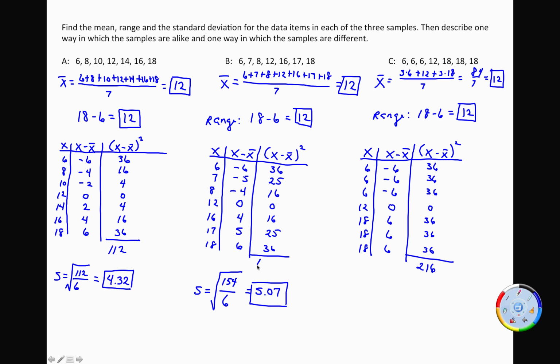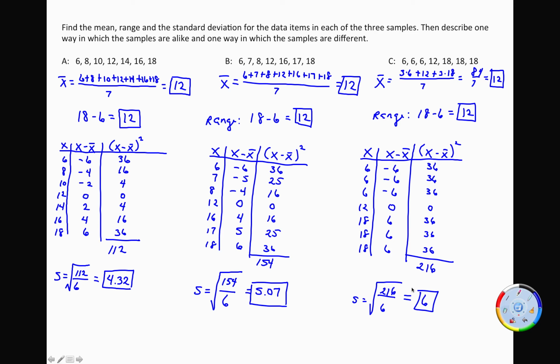I didn't put my sum under here. Okay, so my standard deviation is, I still need to divide by 6. So 6.